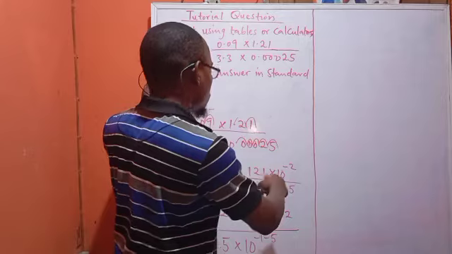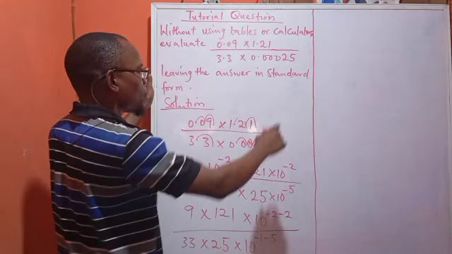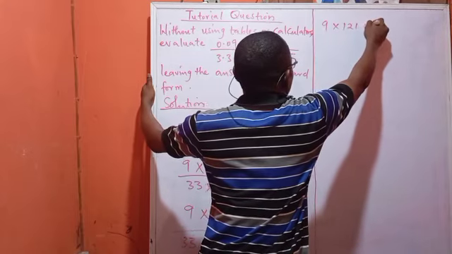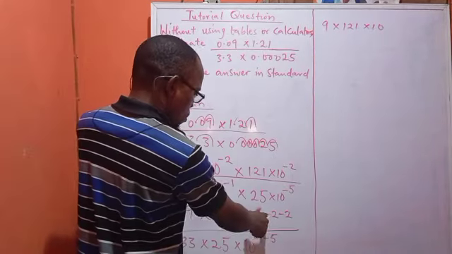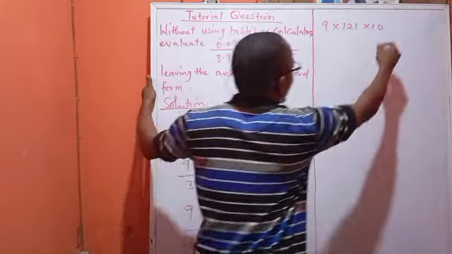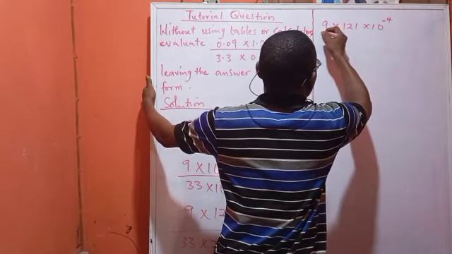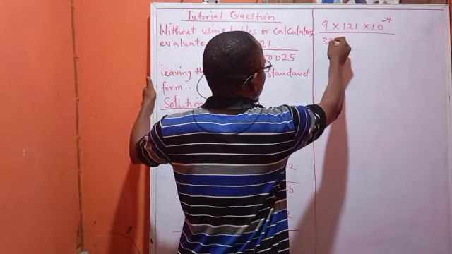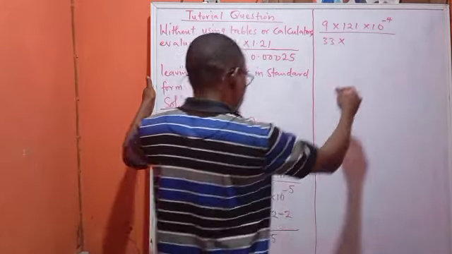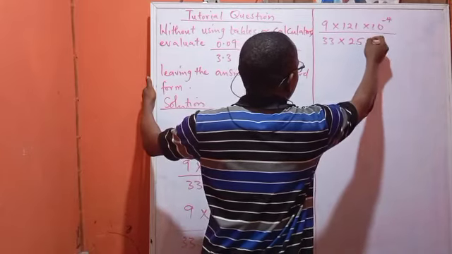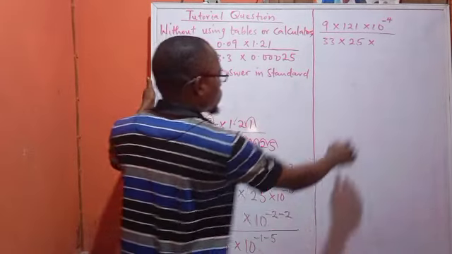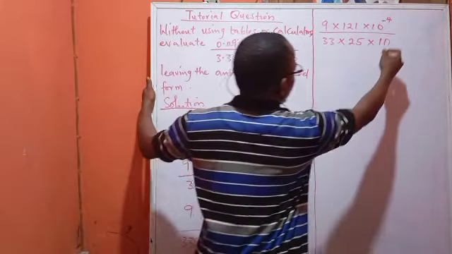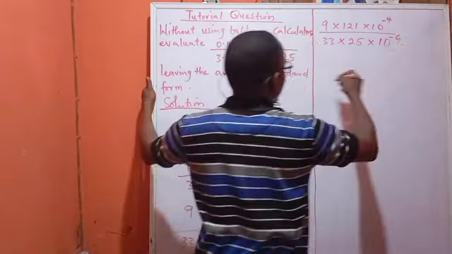Okay, so looking at what we have here, that will be 9 times 121 times 10 raised to power minus 2 minus 2, that's a minus 4, divided by 33 times 25 times 10 raised to power minus 1 minus 5, that's a minus 6.